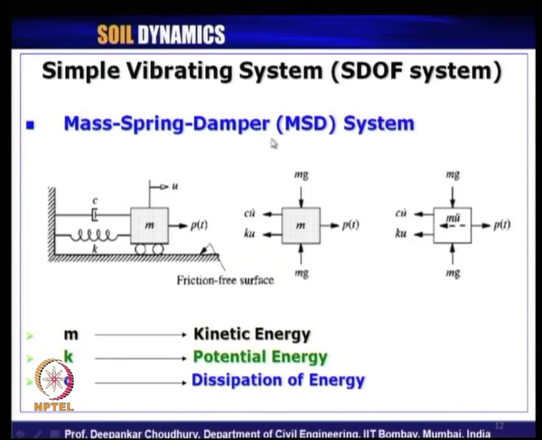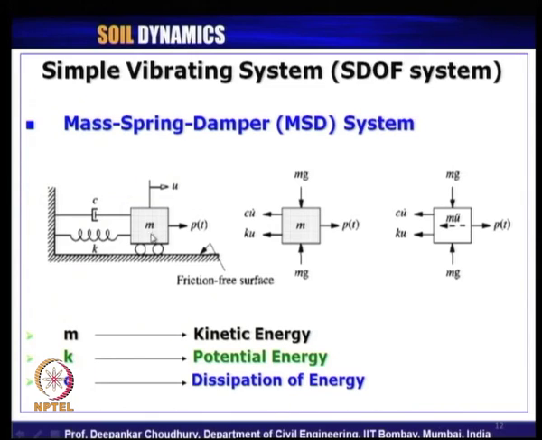And the single degree of freedom, let us say, is defined as u. So, u of t, we should know to know the position or coordinate of the system at any time under an externally applied dynamic load on the system, let us say P of t, and let us assume this is a frictionless surface and these are rollers.